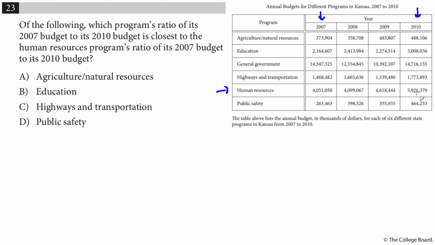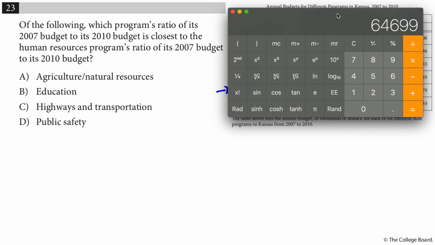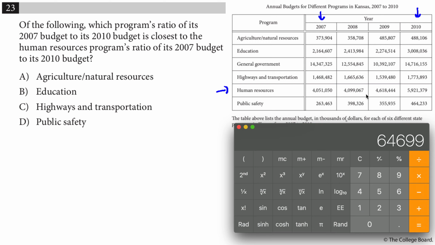So I'm going to do the ending divided by the beginning to show the percentage increase, but you could flip that around and get the percentage that this is less than that. So there's many ways. So I'm going to type this divided by this, see what decimal I get out of there. So let me do that. So we will have 5,921,379.